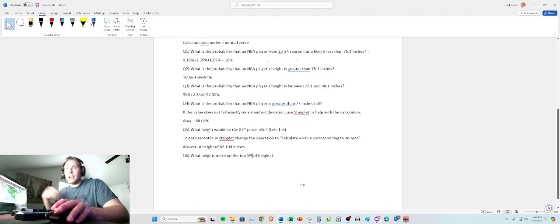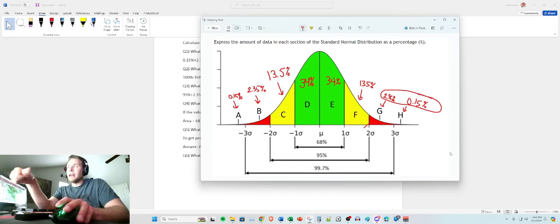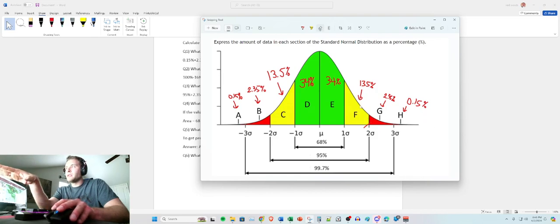We know that on here, if I added these two together, that would be 2.5%. So I can't use those. So we know that it's somewhere in this yellow area, that's where it would have to be.